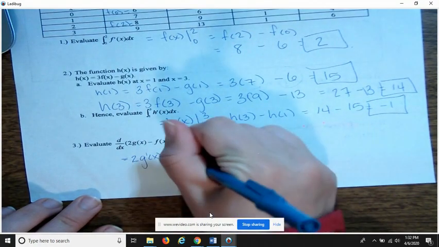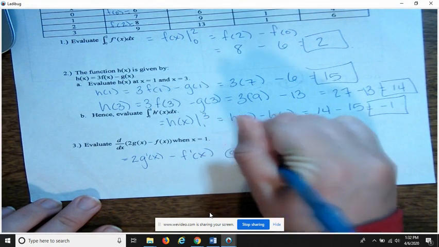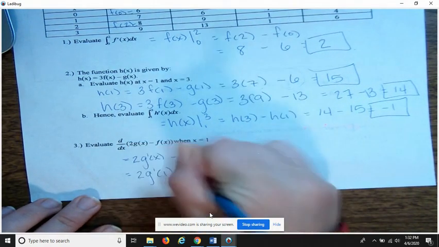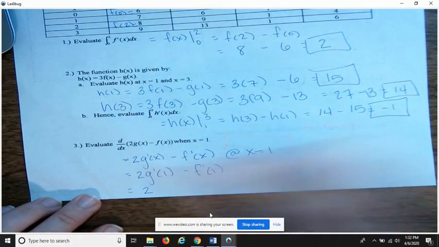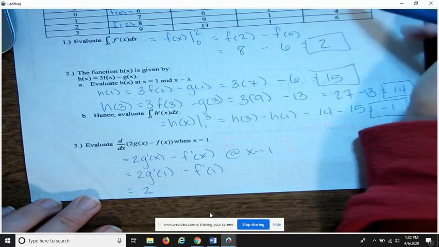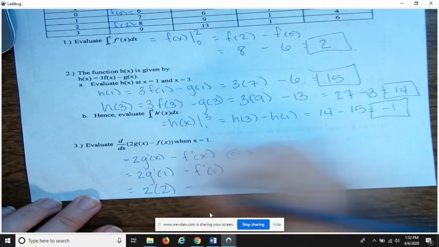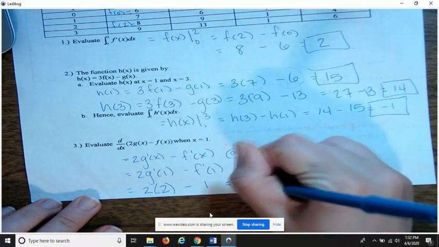So minus f prime of x. And we want that at x equals 1. So this is going to be 2g prime of 1 minus f prime of 1. Go up to my table. G prime of 1 is 2. F prime of 1 is 1. 4 minus 1 is 3.